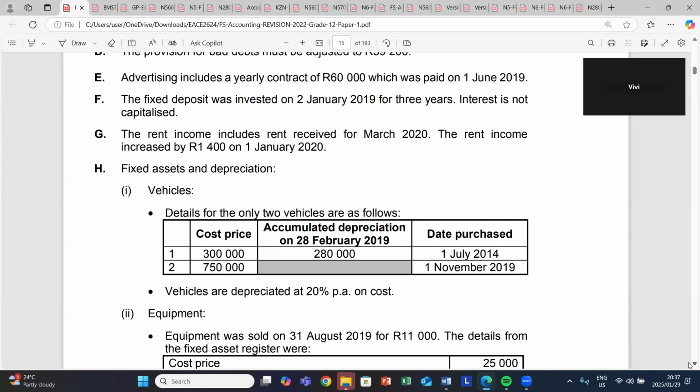This is a question about the previous transaction that we did. What does the word capitalized mean? It's not that paramount, because in some instances they will say not capitalized. It doesn't matter. That phrase or word is there just to confuse you. If the transaction talks about interest and a fixed deposit, just calculate it and don't put more emphasis on that word. Interest is not capitalized simply means that your interest does not increase your debt.